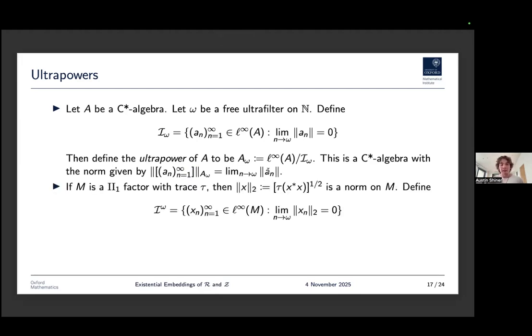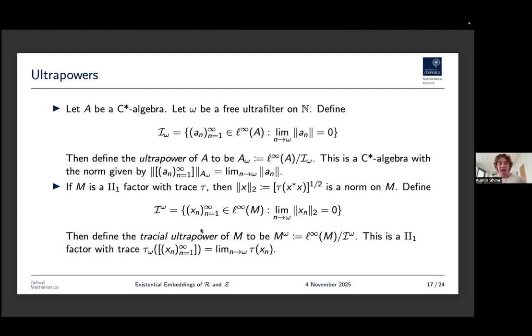We can do something very similar for II_1 factors as well. So if M is a II_1 factor with unique faithful trace tau, first of all, we get what's called the 2-norm on M, which is a different norm than the usual operator norm. It's defined by the 2-norm of x is the square root of tau of x star x. And we define this ideal I omega to be the set of all operator norm-bounded sequences such that x_n converges in 2-norm to 0 along our ultrafilter.